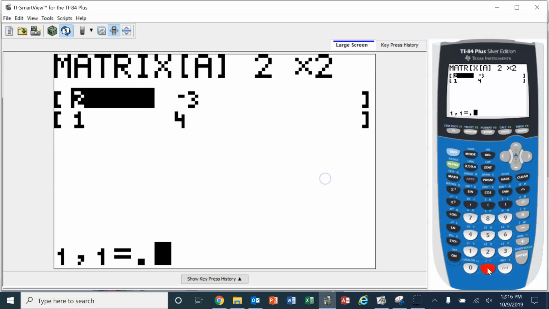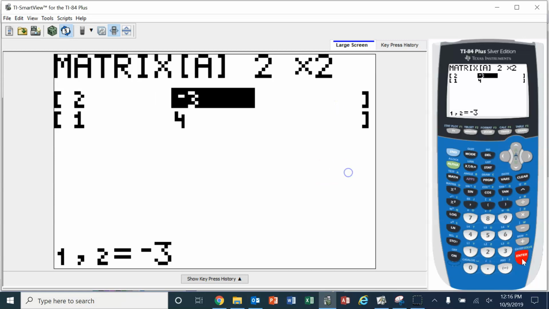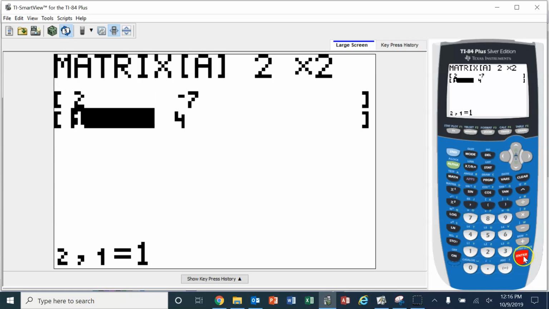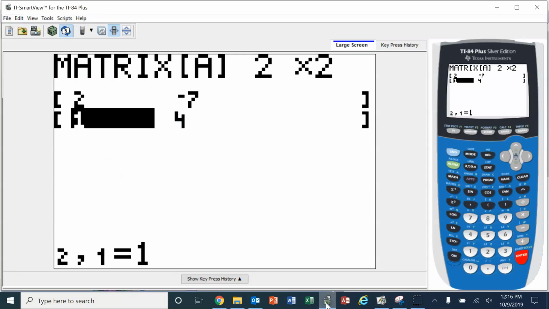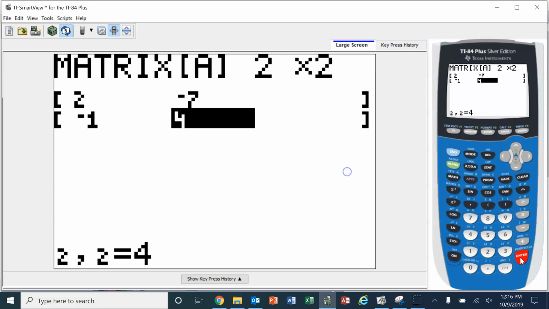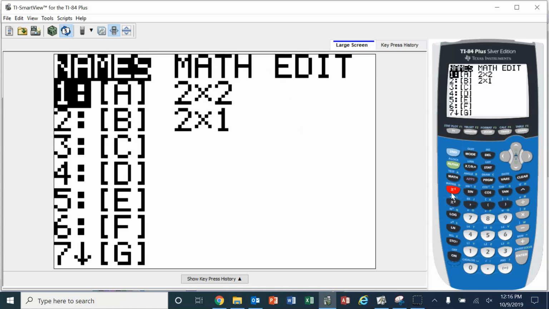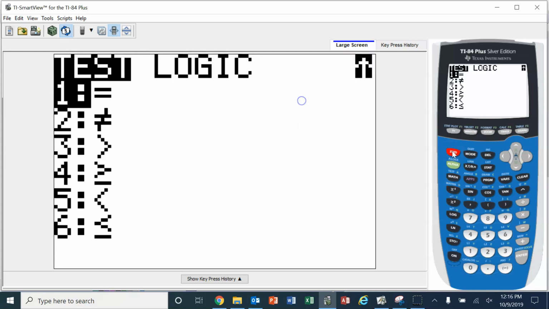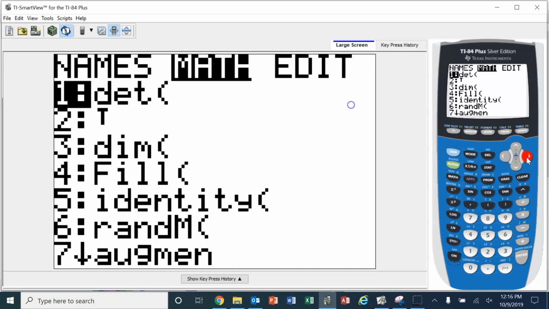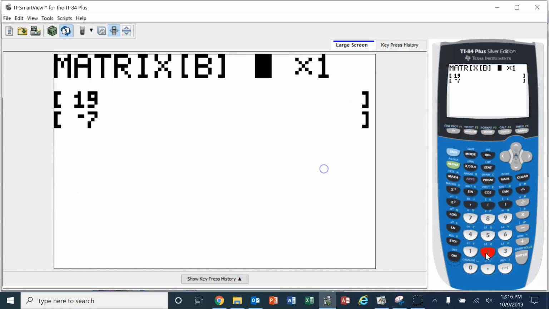Now, 2, -7, -1, 5. All right, now we're going to go back to the matrix. We're going to pick the second one, and we're going to put in those other 2 numbers. Okay, second matrix, edit, number 2.